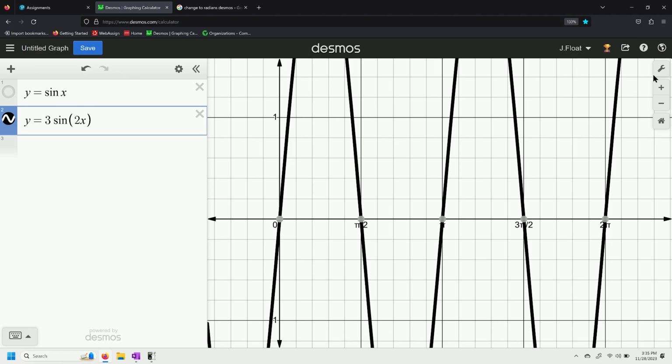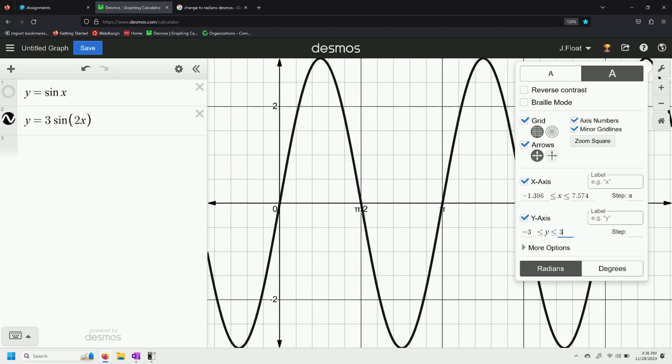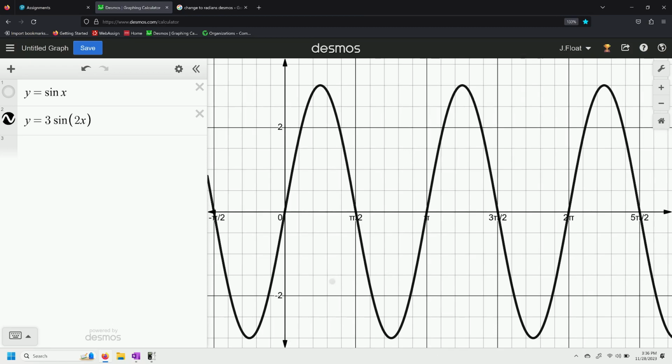All right, let me fix this a little bit here. And let's just make sure. So I'm going to click the max. We get pi over 4 comma 3. Nailed it. Our new min, 3 pi over 4 comma negative 3.